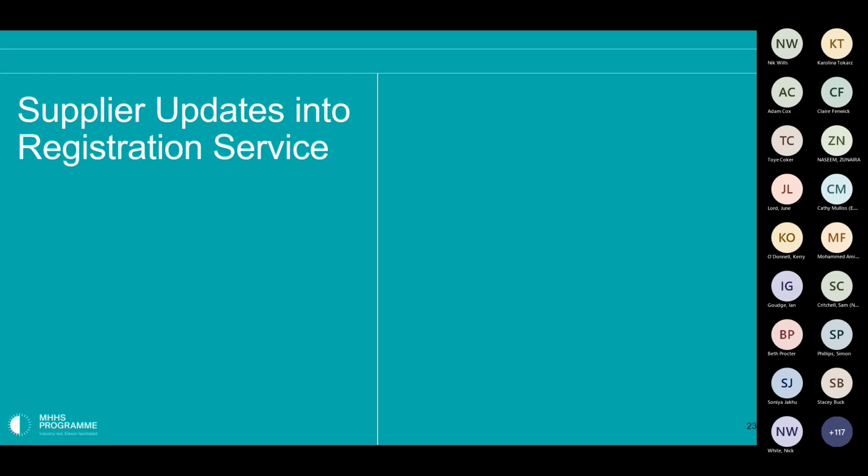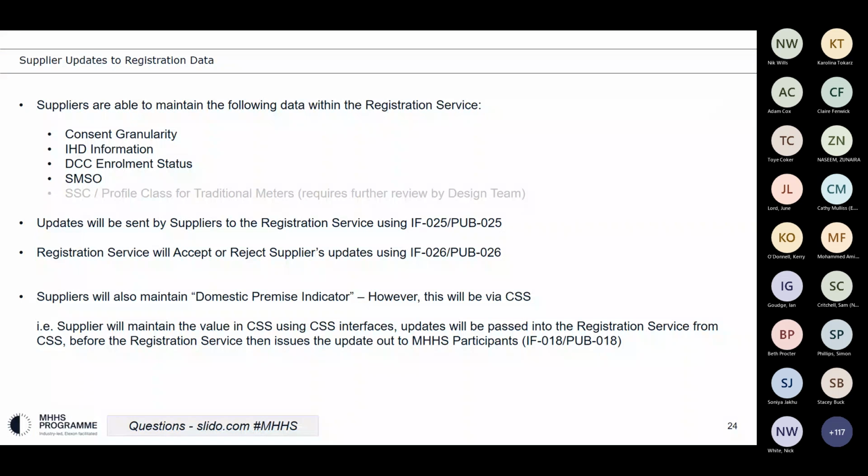Supplier updates into the registration service. Effectively, the supplier is able to maintain these sort of 4 or 5 different data items within the registration service. So obviously consent granularity: what's the level of access the customer has consented to. IHD information, and I think this is connected primarily to first install of a smart meter.